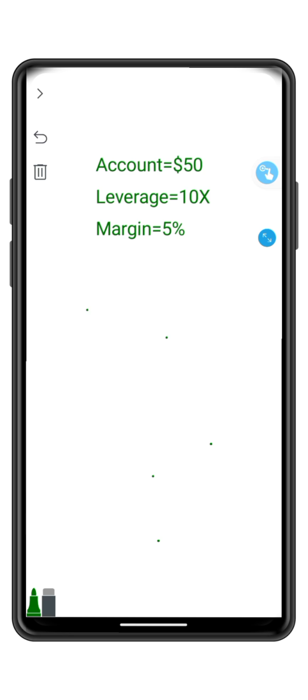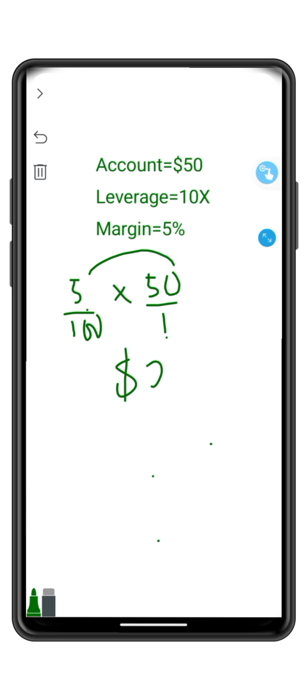So 5% of your account balance is like saying 5 over 100 times your account balance, which is 50 over 1. If you solve this on your calculator, 5 times 50 divided by 100, you will get 2.5 US dollars. So this 2.5 US dollars is your margin.